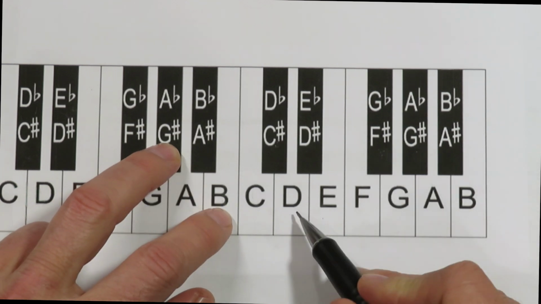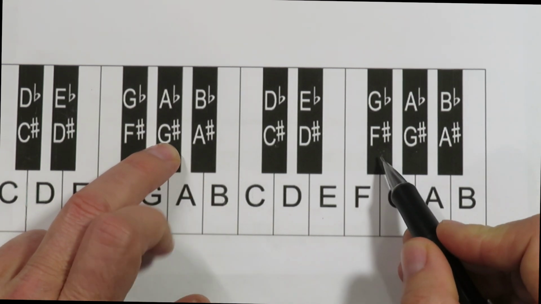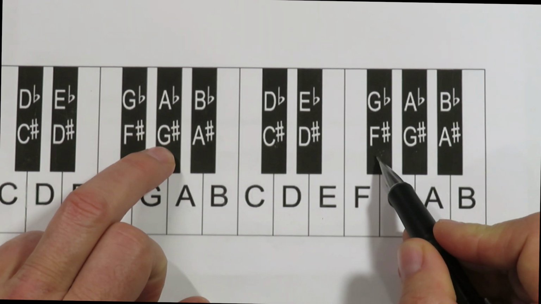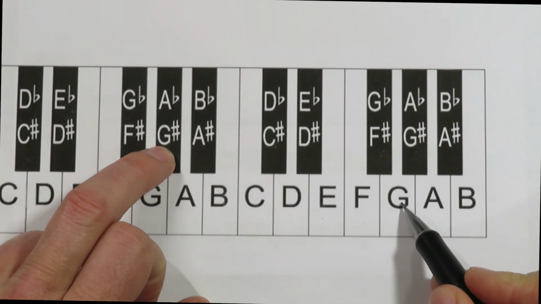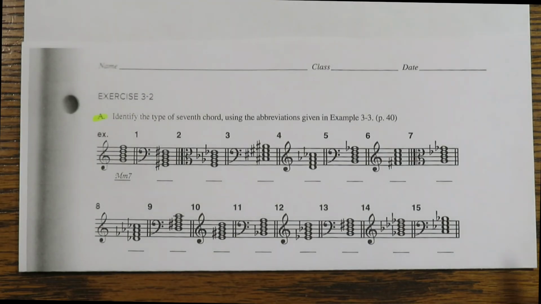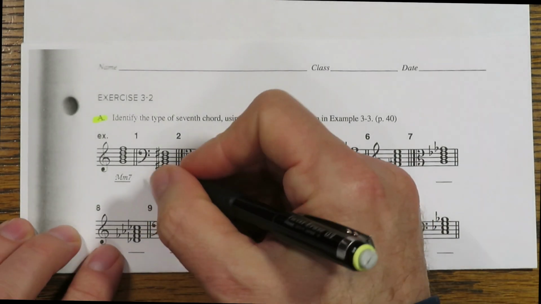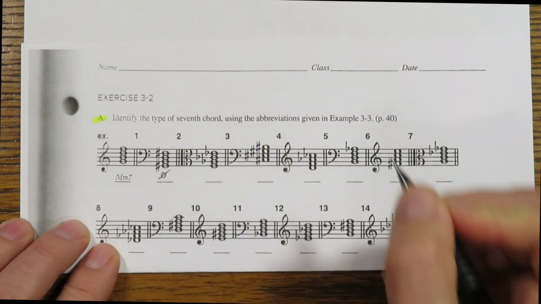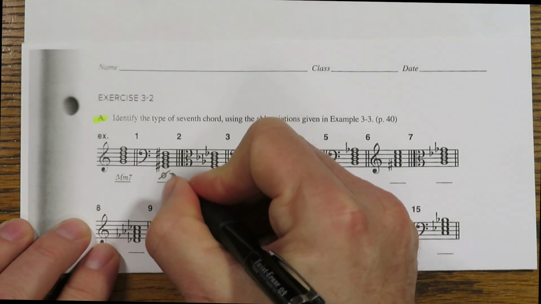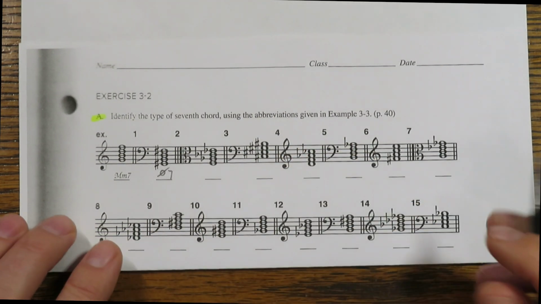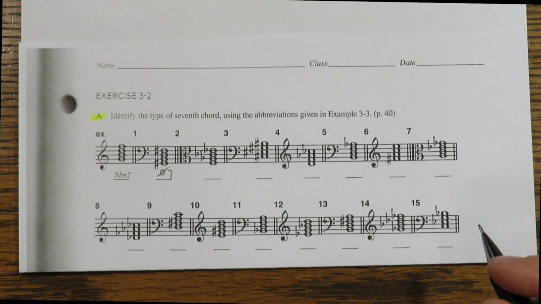All right, so you have the diminished triad and a minor seventh, G sharp to F sharp. There's the major seventh, and that's the octave. Okay. So the half diminished seventh looks like that. You have the degree symbol with the slash through it. Okay.